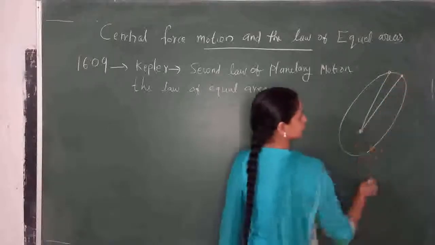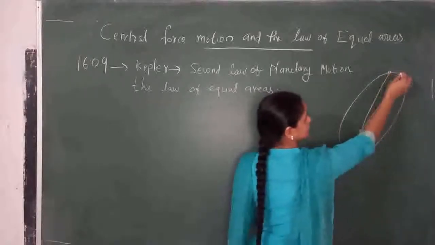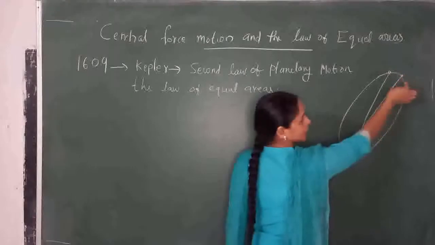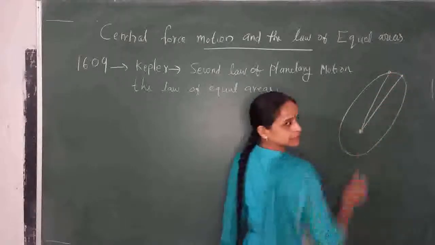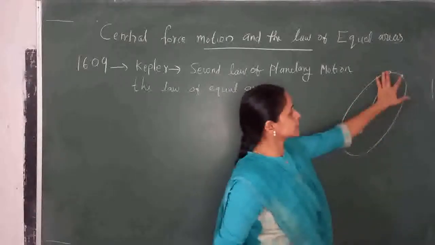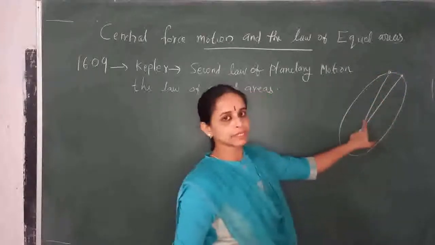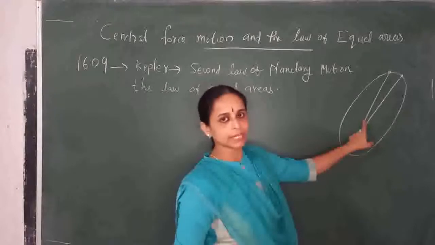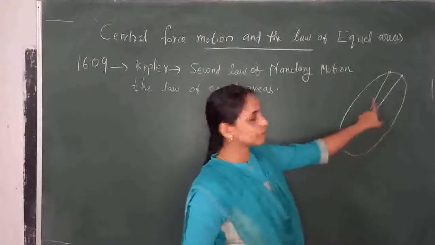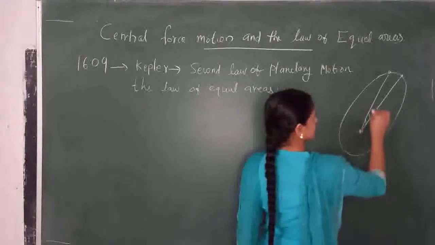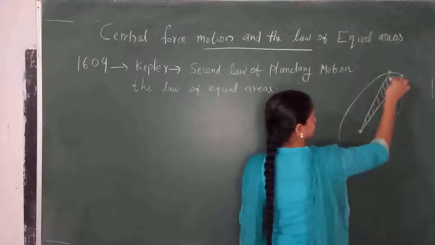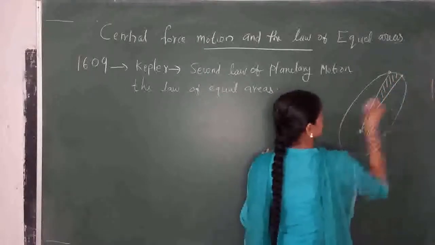You can see that this is the planet here at some time, and after delta t time the planet reaches this point. So the area swept by the radius vector in the given time delta t is the total area covered by this planet in a delta t time.